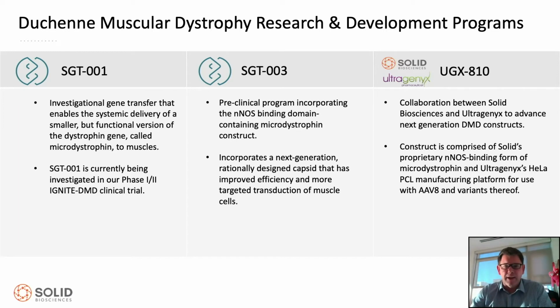Both of these programs, the 003 and the Ultragenics programs, are quite early in development, but we at Solid will hopefully update on the 003 program when possible, and Ultragenics will begin communicating when appropriate. Next slide.